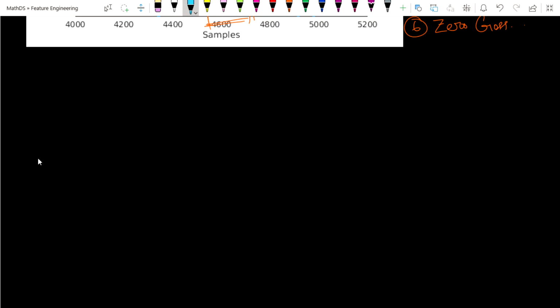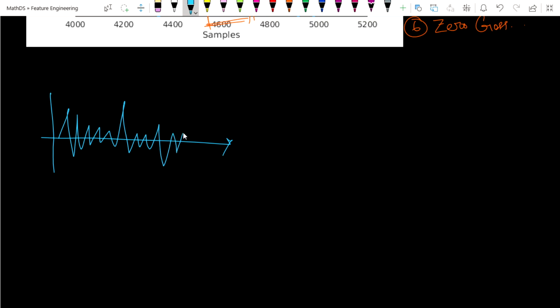So suppose this is one kind of heartbeat data. Now on this data we have to predict the heartbeat. First we have to consider some window frame on it. Suppose at time t1 its window frame is this one.